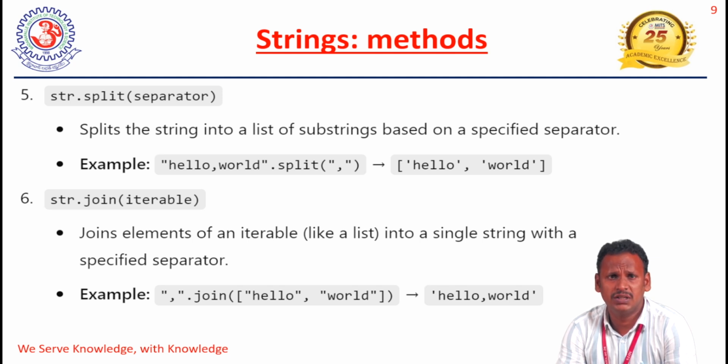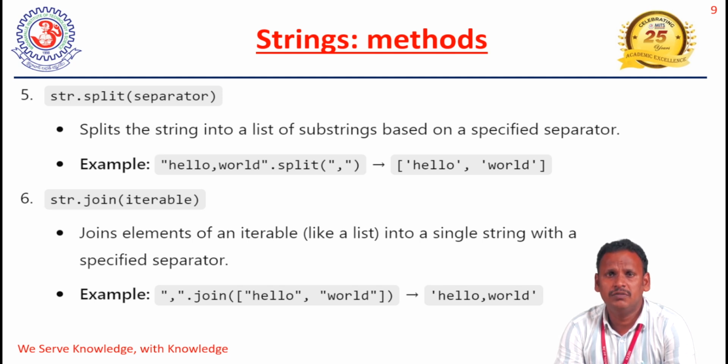This join method is very, very important. We frequently use this join method in application development. The join method takes an iterable object like a list as its argument. So multiple elements, an iterable object, it takes as the argument. Before join, you have to give one string.